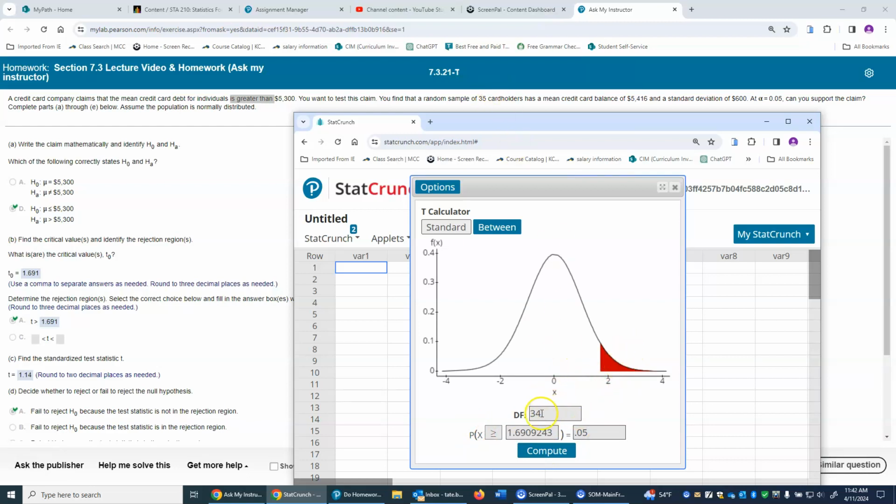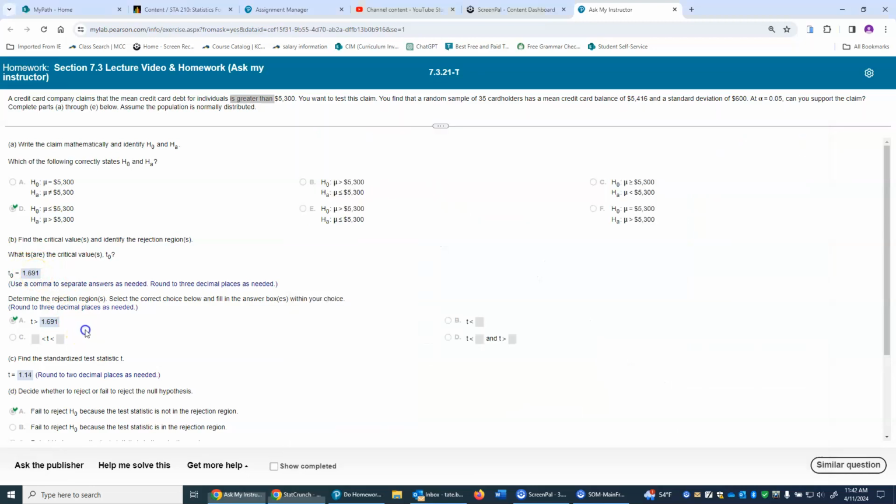Sample size is 35, so that makes it 34. We get 1.69 when we round. So that's the critical value. It's a right-tailed test, so anything to the right of that critical value will be the rejection area.